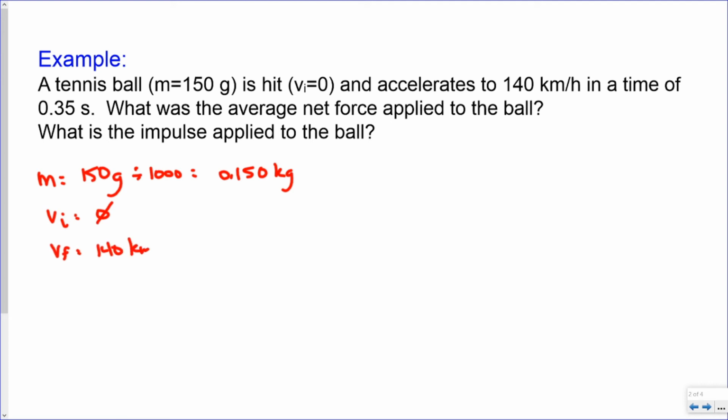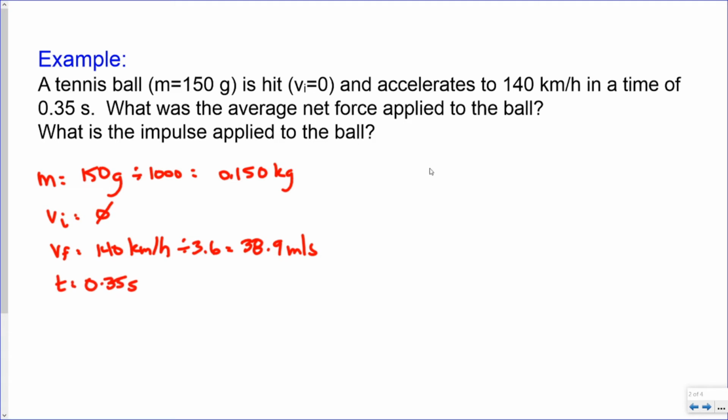Who likes kilometers per hour when we're doing questions like this? We need to convert that to meters per second, so let's divide by 3.6. That gives us 38.9 meters per second in a time of 0.35 seconds. So we have time is 0.35 seconds.